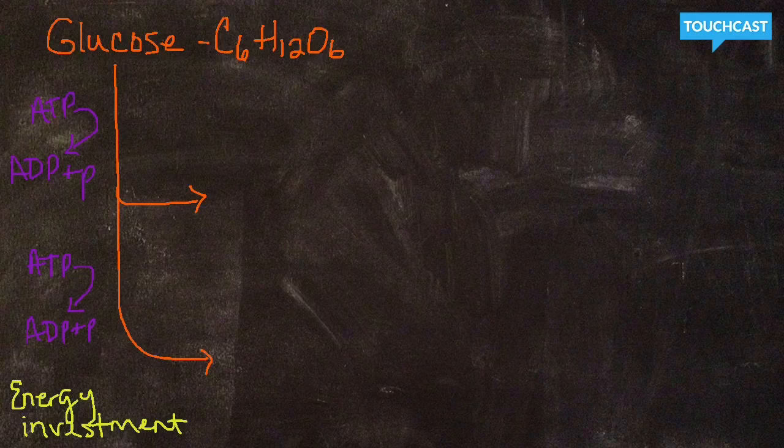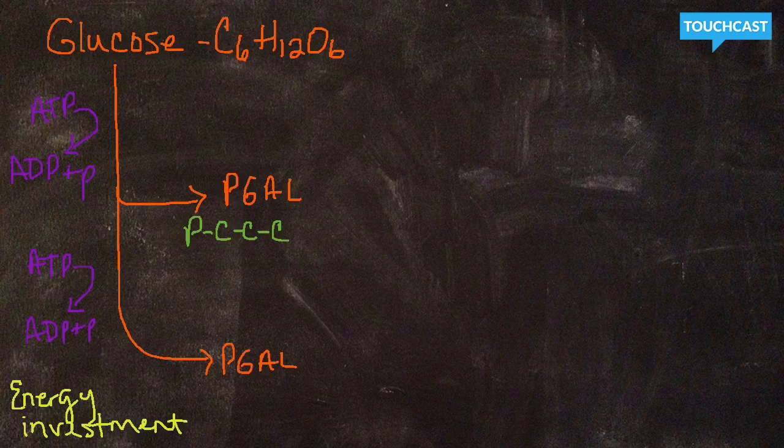During the energy investment stage, our glucose, which is a 6 carbon molecule, is broken down into 2 3 carbon molecules called PGAL. And I'll show you the really simple version of the chemical formula for this.